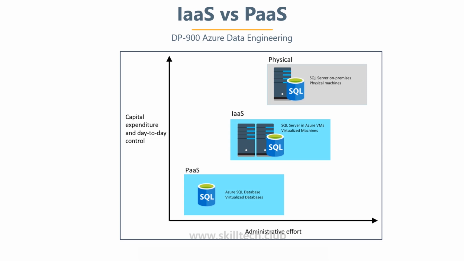While when you go for the public cloud like Azure, compared to that physical server, you have to rely on infrastructure as a service or platform as a service models. In infrastructure as a service, your SQL servers are hosted and deployed, or a better word, provisioned, on virtual machines.